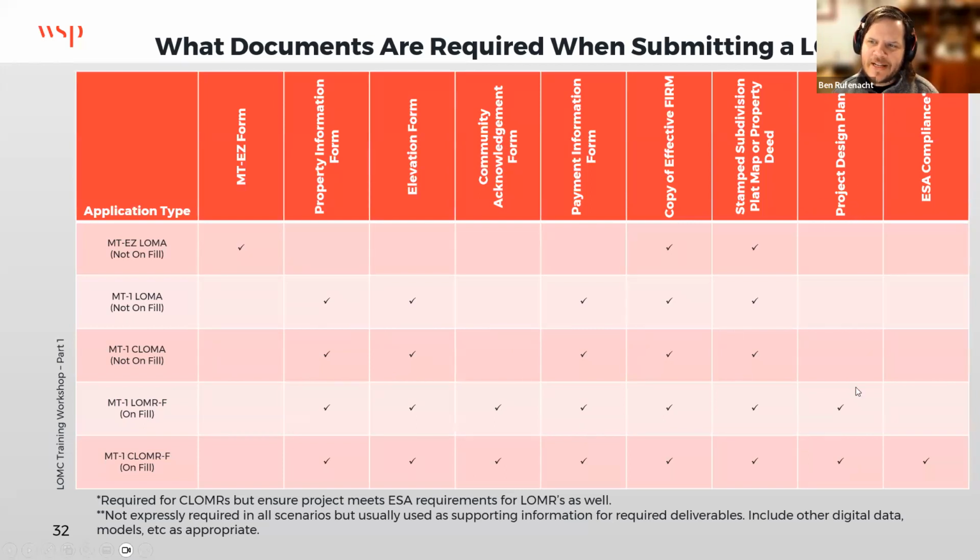And of course, you don't need design plans if you're just doing a CLOMA or a LOMA, because you're just showing that the structure is out and you haven't actually added any fill or changed the topography in any way. And then, of course, ESA compliance is only for the LOMR.